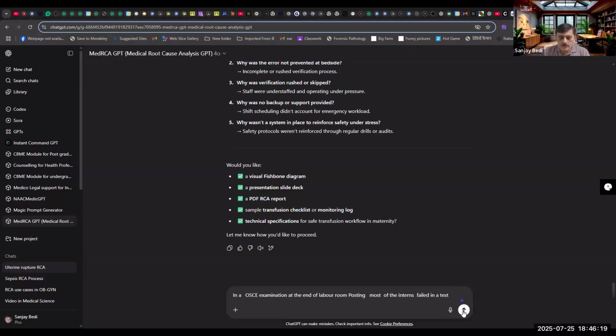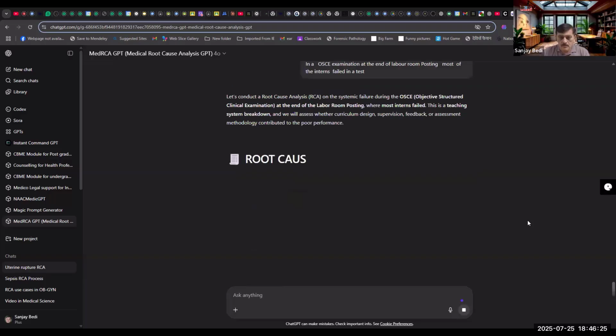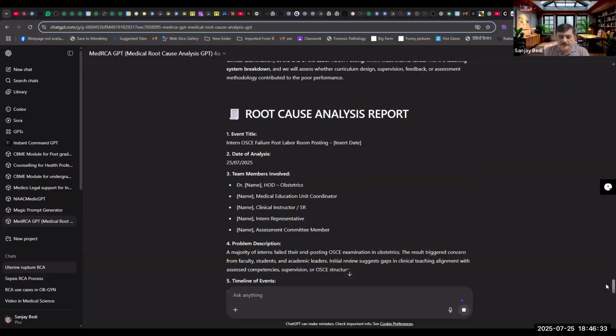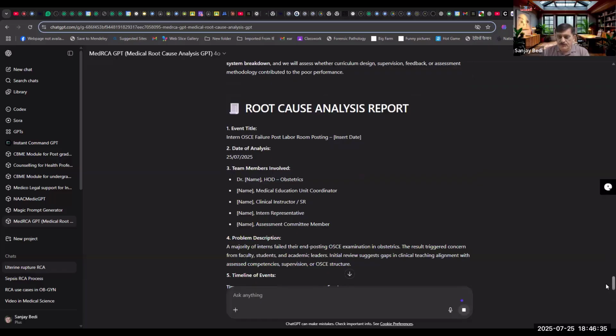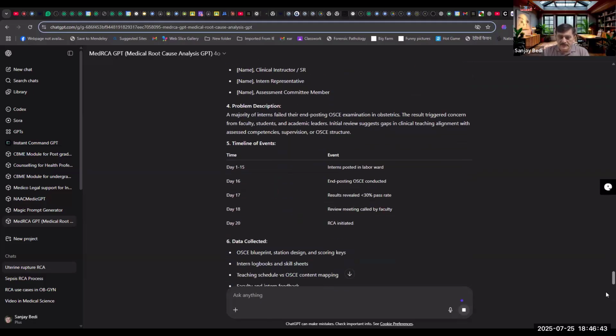So let's see. This is providing the templates which you have to fill up. If you give greater detail, it will provide greater details.